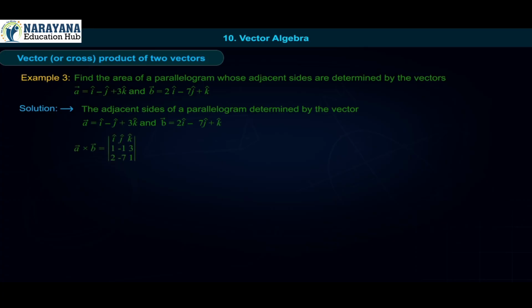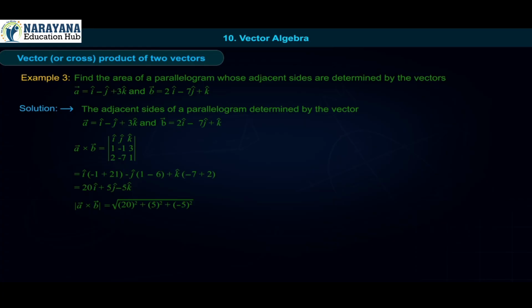Vector A cross vector B is equal to the determinant with rows i cap, j cap, k cap; 1, minus 1, 3; 2, minus 7, 1, which is equal to i cap times (minus 1 plus 21) minus j cap times (1 minus 6) plus k cap times (minus 7 plus 2), which is equal to 20i cap plus 5j cap minus 5k cap.